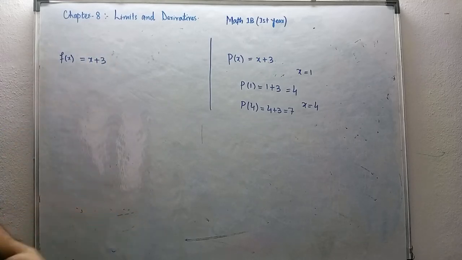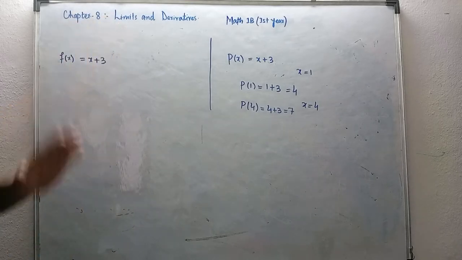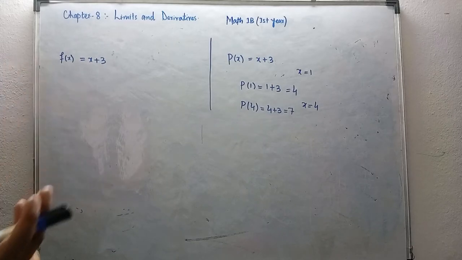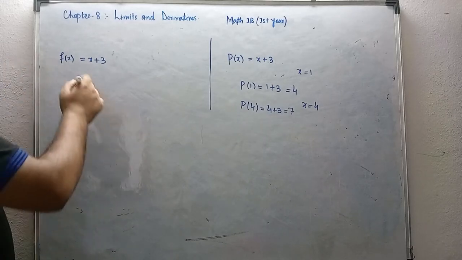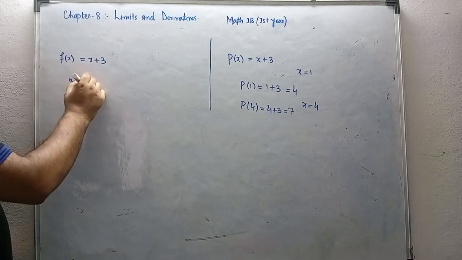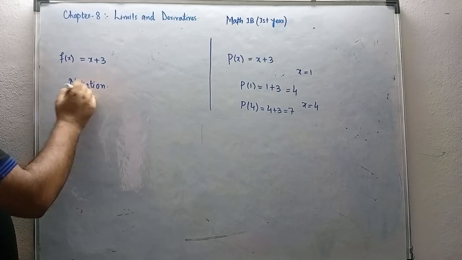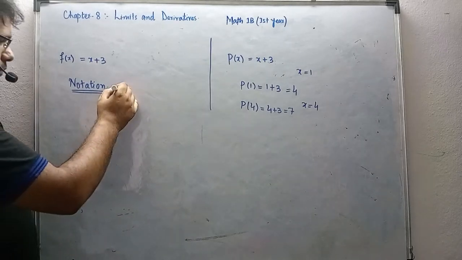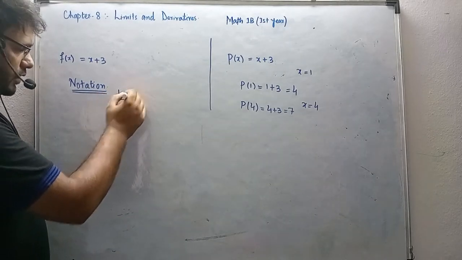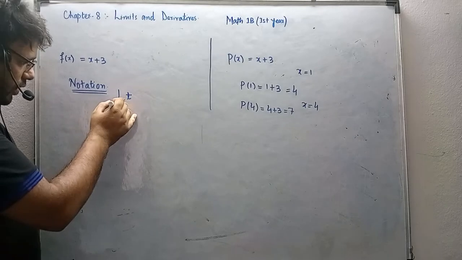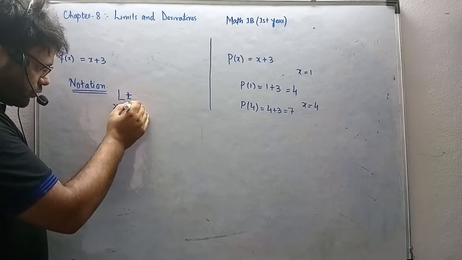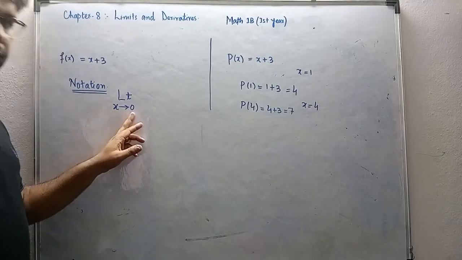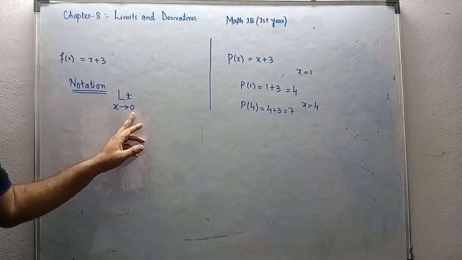So it's very easy. Now coming to the limits, what actually is a limit? First we will understand the notation for the limit. How do we write the limit? We simply write lim, or LT, x tends to 0, or x tends to some other value.